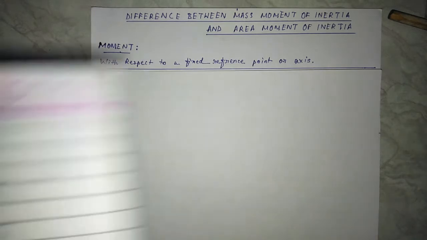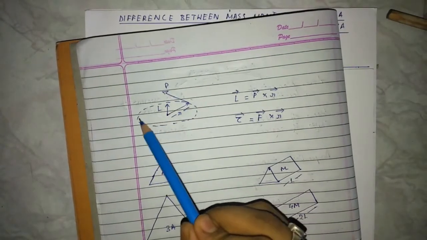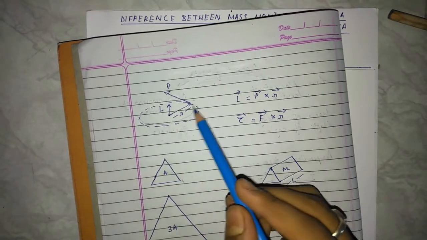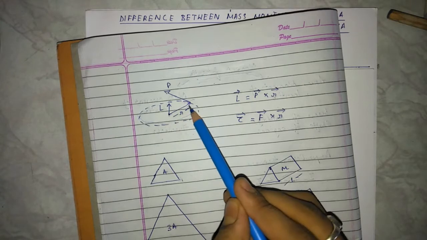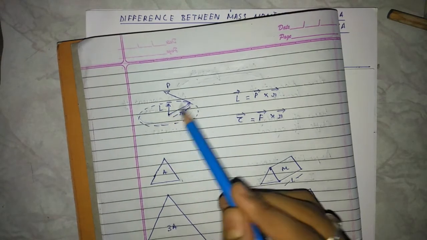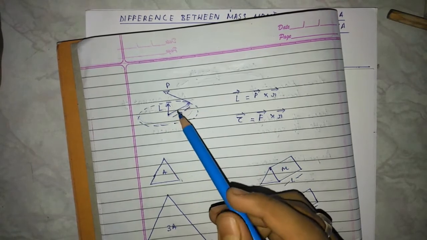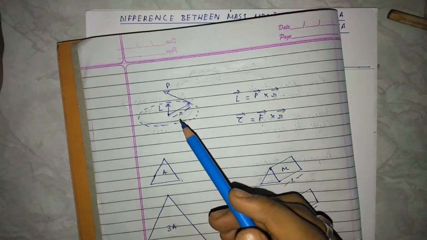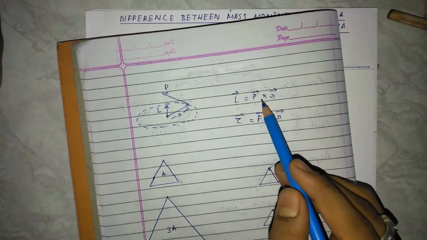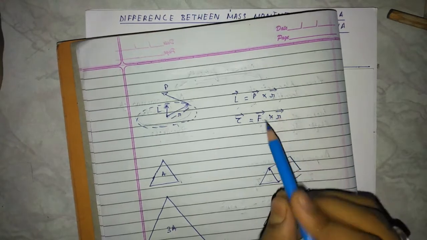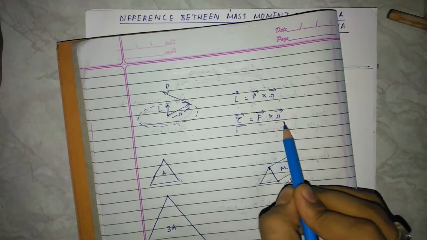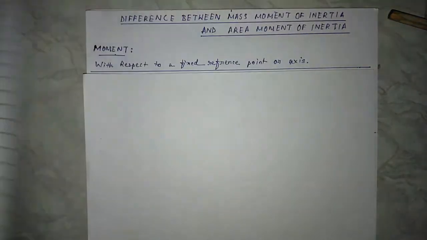I have drawn it: when any object is moving in a circular path with some linear momentum and there is some radius of the circular path, then we get the moment in the upward direction. This is something like the right hand screw rule. We get moment when we multiply linear momentum and radius. Similarly, we get torque when we multiply force and radius.